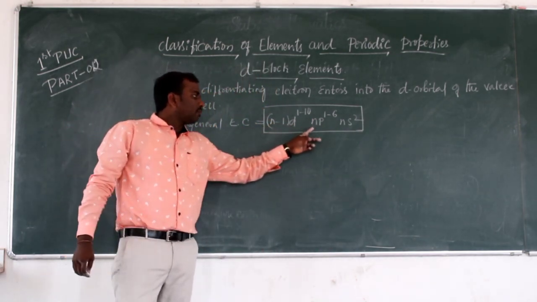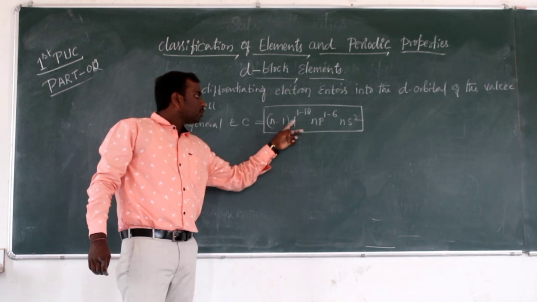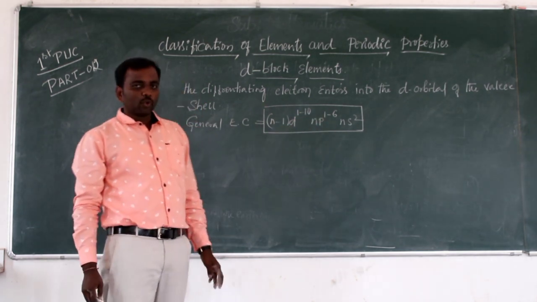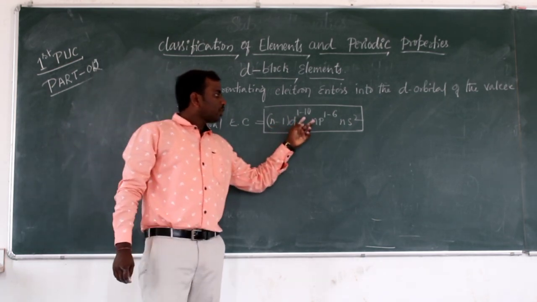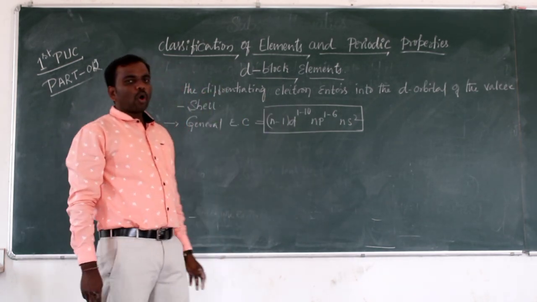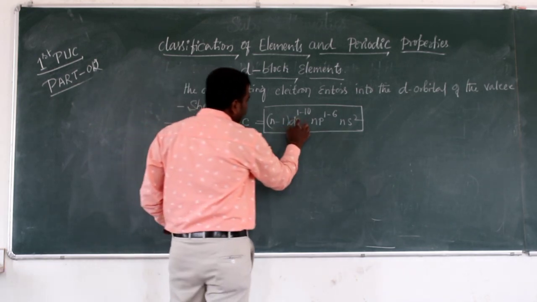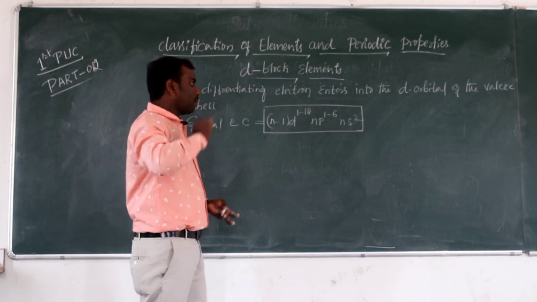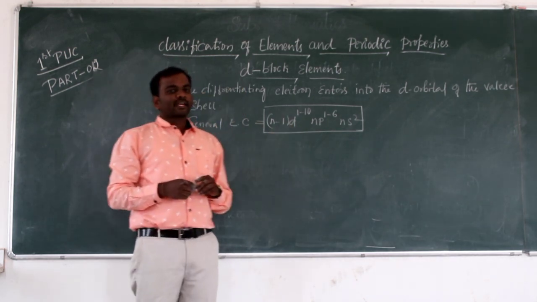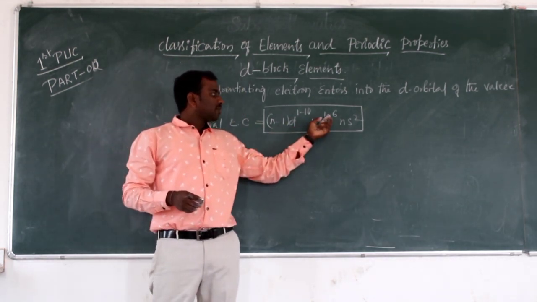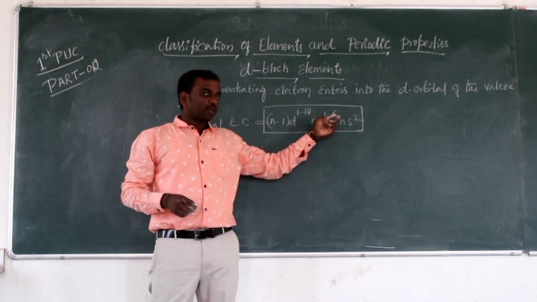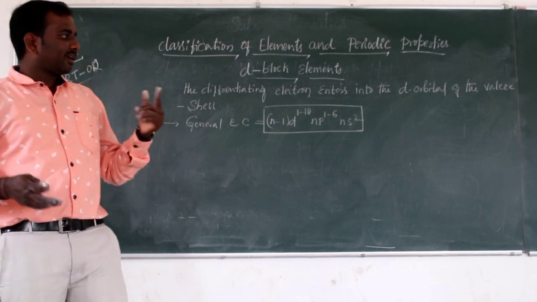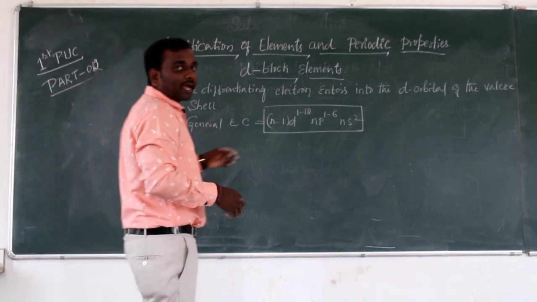See here, d 1 to 10: the d subshell contains a maximum of 10 electrons. Here p is 1 to 6, as I already told you, and in the s block, it contains a maximum of 2 electrons.